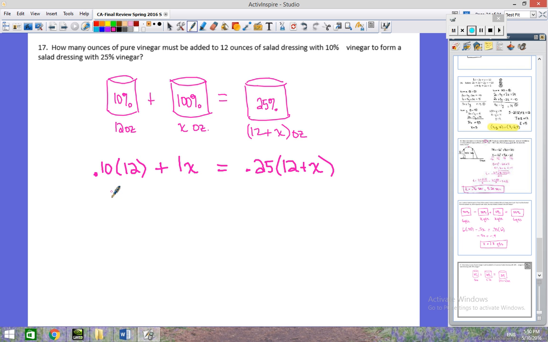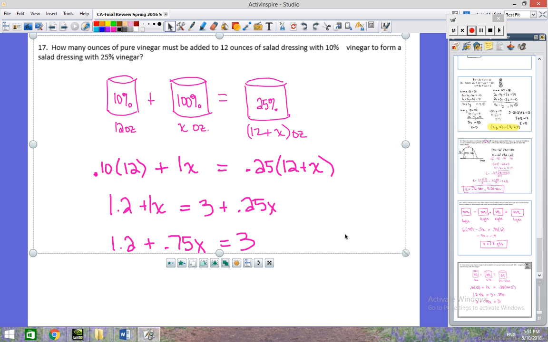So, see what we have here. We have 1.2 plus x is equal to 3 plus 0.25x. Let's subtract 0.25x from both sides because here's a 1. So we have 1.2 plus 0.75x is equal to 3.